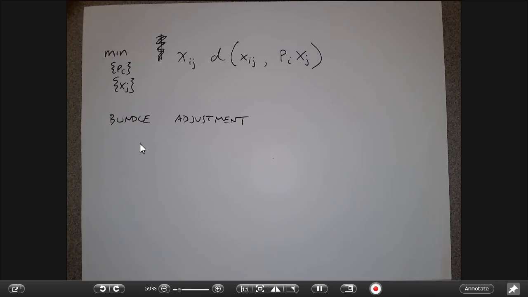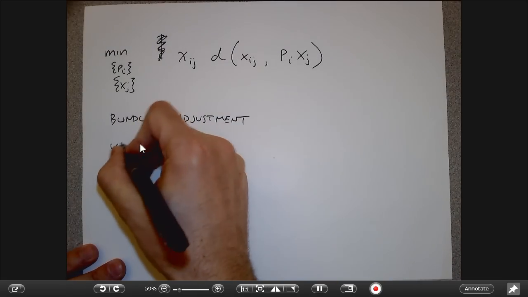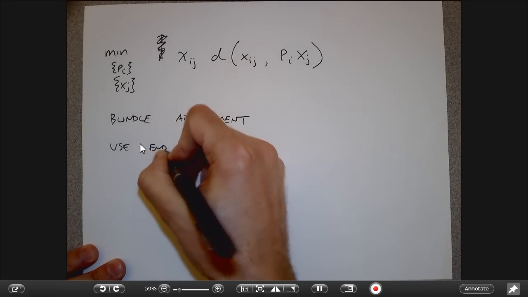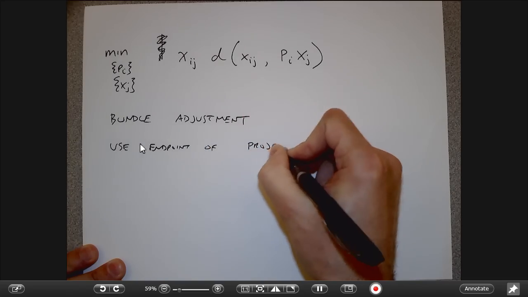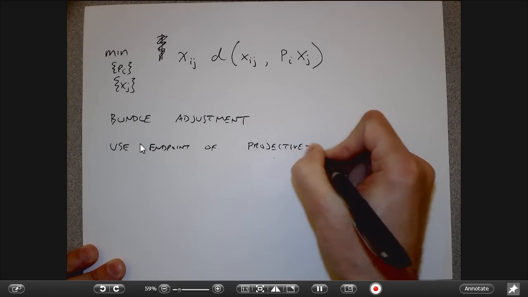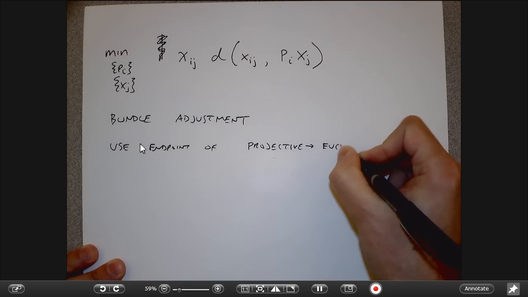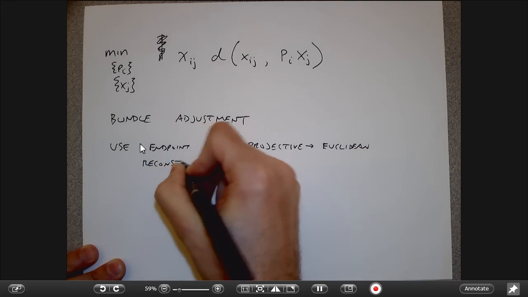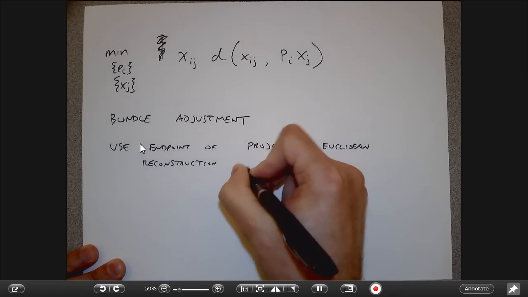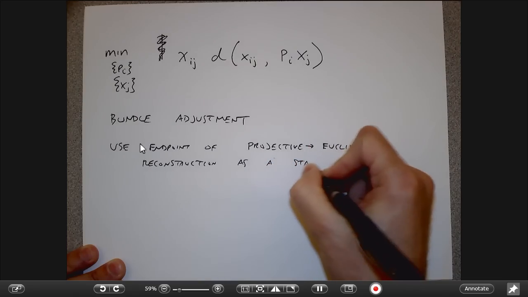So this is the idea: we use the endpoint of this projective to Euclidean reconstruction as a starting point for this optimization.